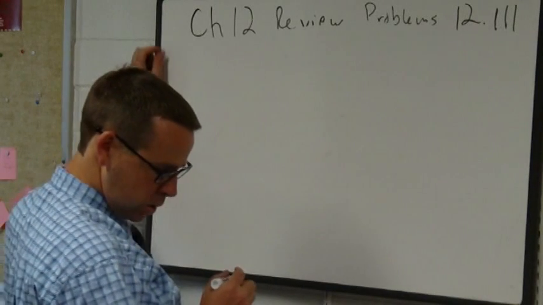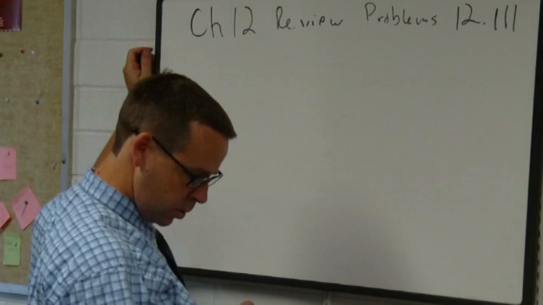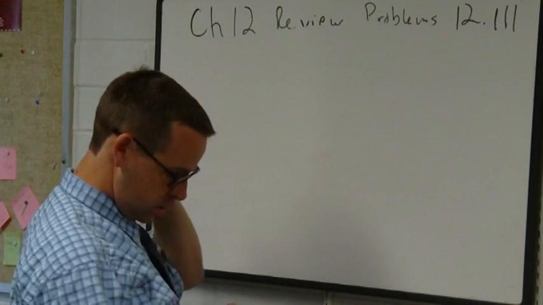Length of the edge. So we have atomic radius of nickel is 1.24 angstroms, and we have our face-centered cubic lattice.